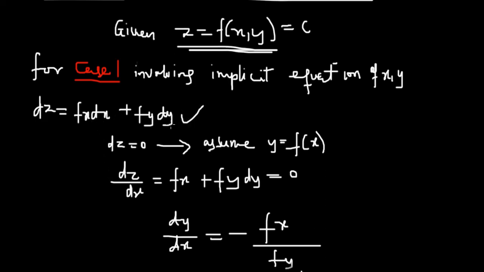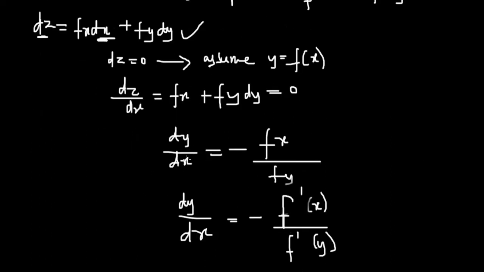That's all they did. They made dz dx the subject, and then we came up with this. So from here you have dy dx. We are working this in the form of dy dx, not dz dx, and we end up with f of x over f of y.